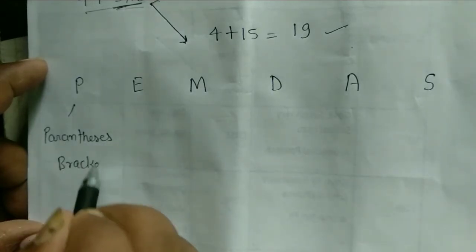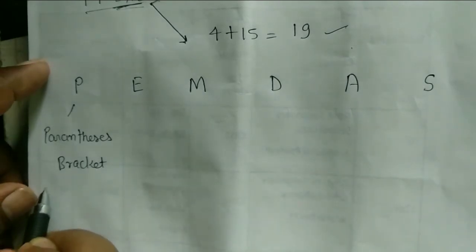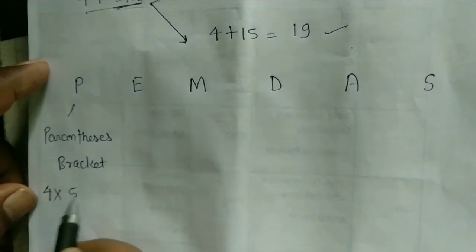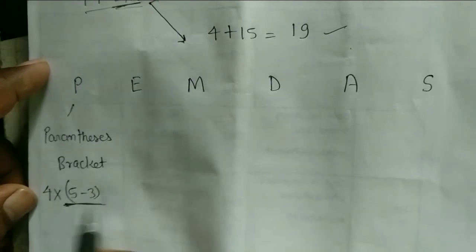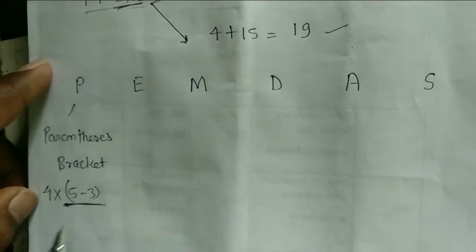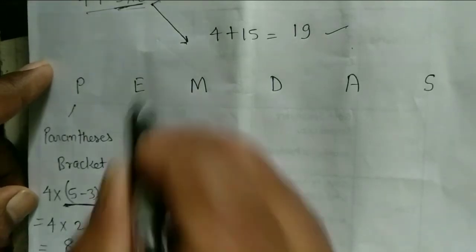Anything that is inside a bracket should be solved first. For example, 4 into (5 minus 3). That means the subtraction inside the bracket should be solved first and then multiplied with 4. So we get 4 into 2 equals 8, right?